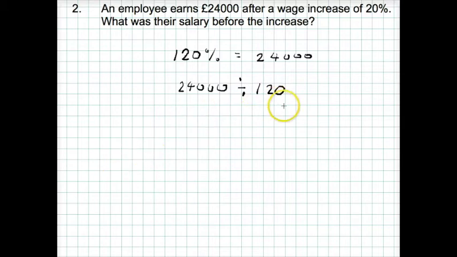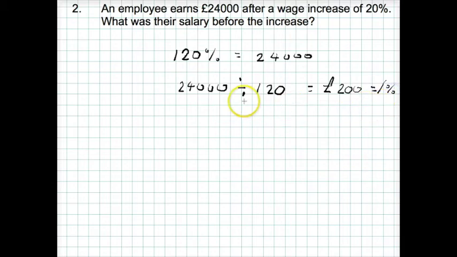So 24,000 divided by 120, well 24 divided by 12 is 2, so 240 divided by 120 is 2, but then we've got the extra 2 noughts here, so that's going to give us £200. And remember that £200 is equal to 1%.